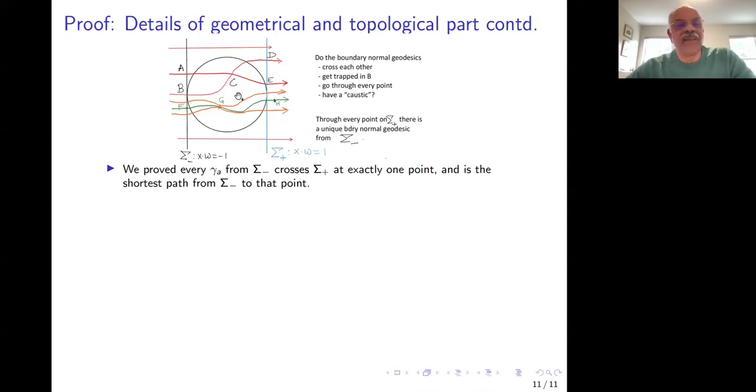Why is it injective? There's again a very simple geometrical argument. Suppose there were two boundary normal flows, from A and from B, and they both go through the point C. Now, what about the lengths of BC and AC? If BC was shorter than AC, then the path BC to CE would be shorter than the shortest geodesic A to E. That cannot happen, which means BC and AC have the same length.